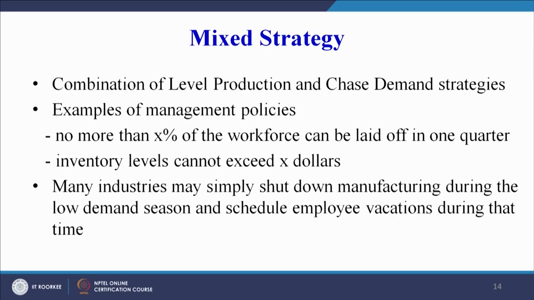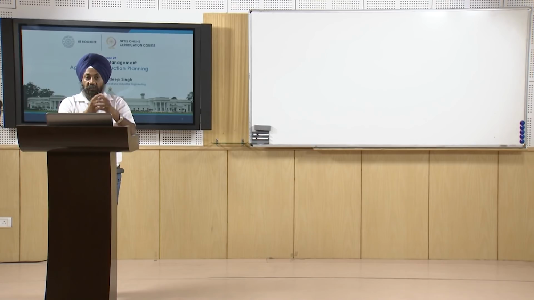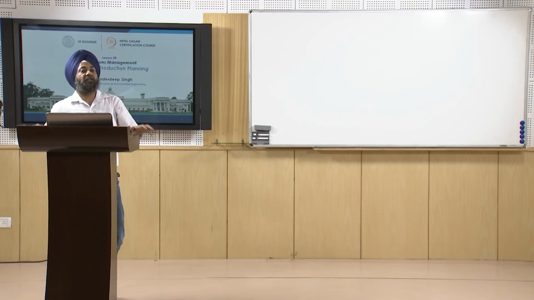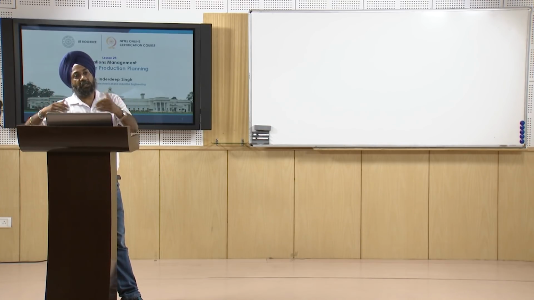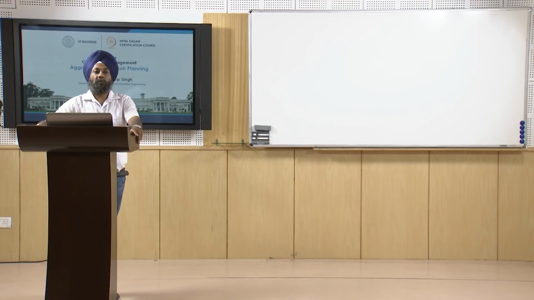So many industries may simply shut down manufacturing during the low demand season and schedule employee vacations during that time. So this is also one of the mixed strategies, that whenever the demand is less, you just tell workers to go on a vacation, so that you are not producing and managing the products in the inventory.